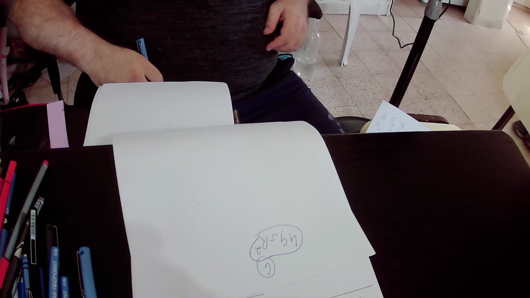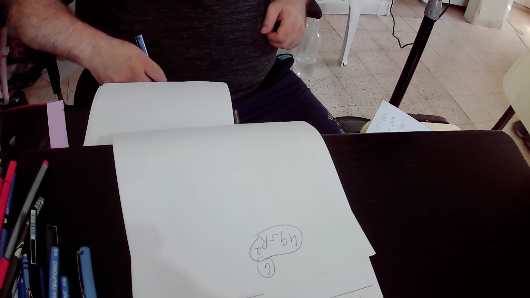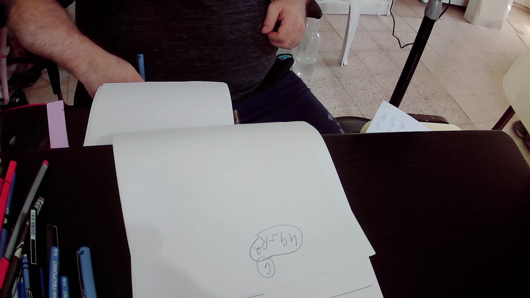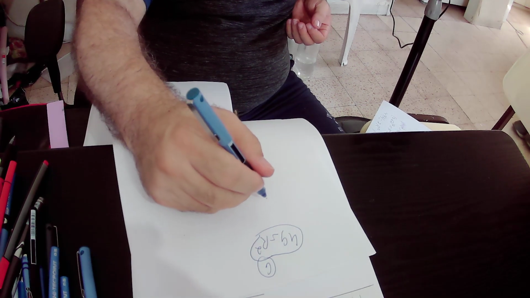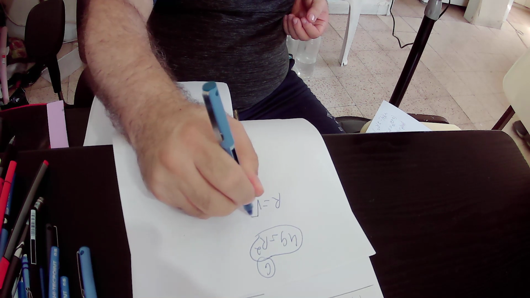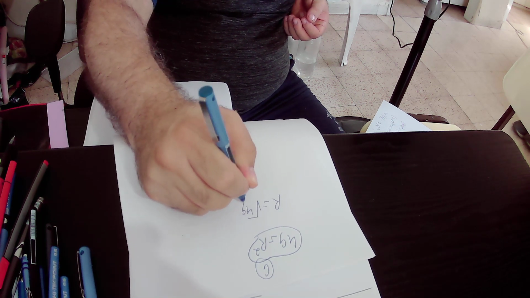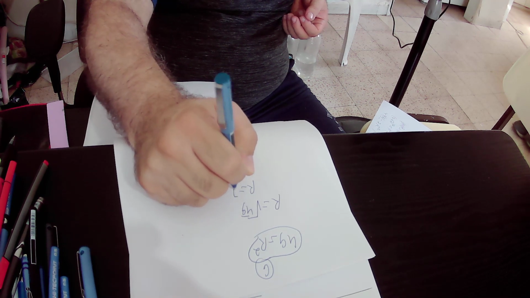Now we take the root from both sides of the equation. So the root of R square is R, and the root of 49 is equal to 7.